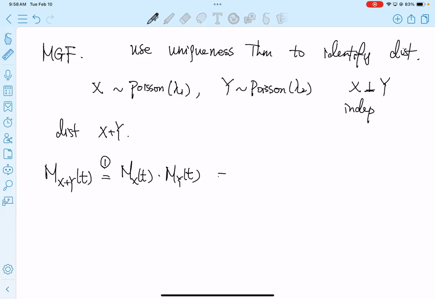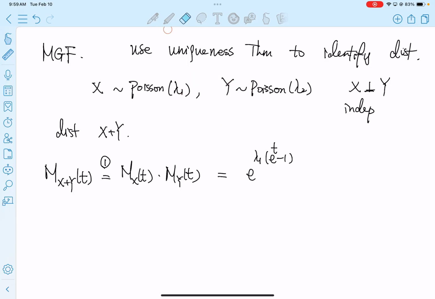And then if you look up your notes or your cheat sheet, you have written down, during midterm 1, that the moment-generating function for a Poisson distribution is e raised to the power of the parameter times (e^t minus 1). This should be the solution to your midterm problem.